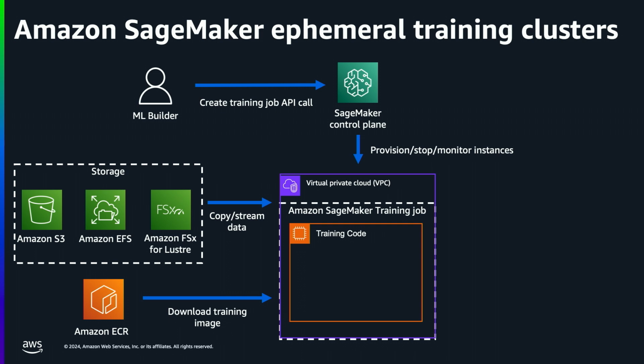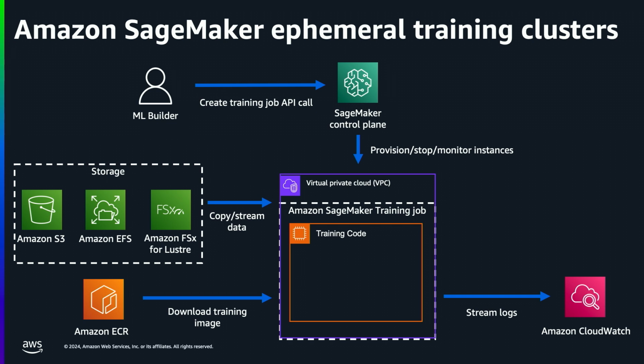So you can mount a Lustre file store, and then you're going to create your training image in ECR. You can use a base AWS deep learning container and then just add your training code on top of that, and SageMaker downloads that training image for you.